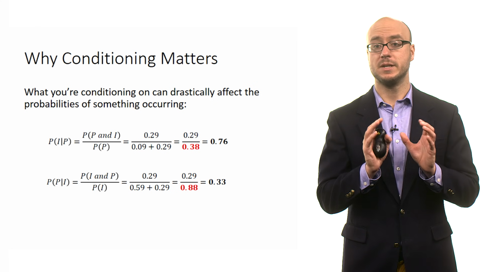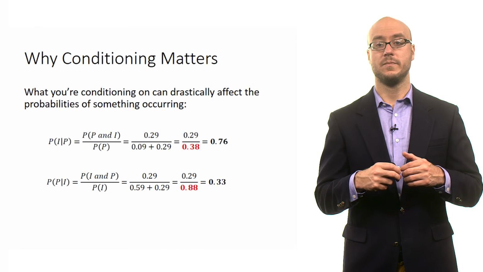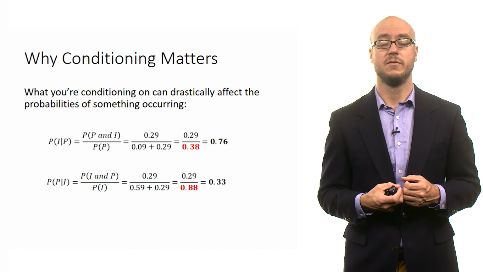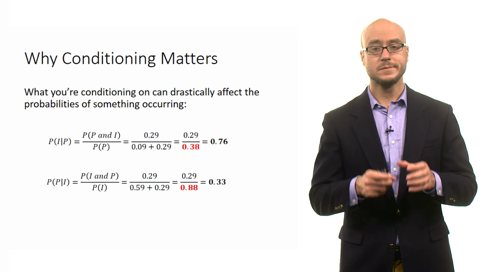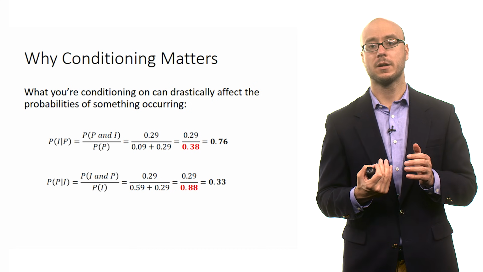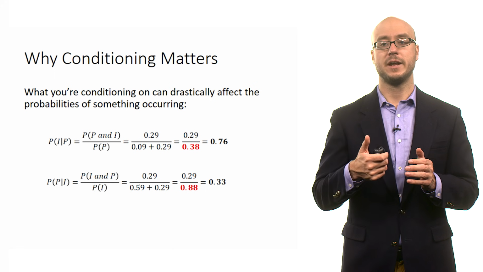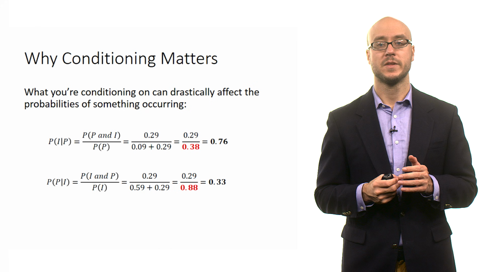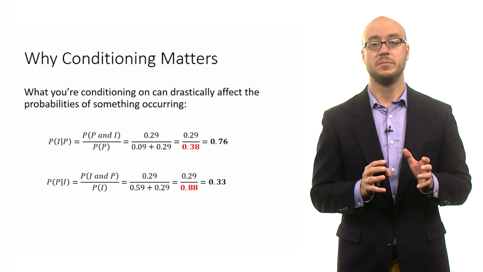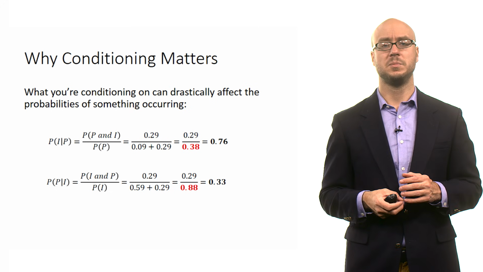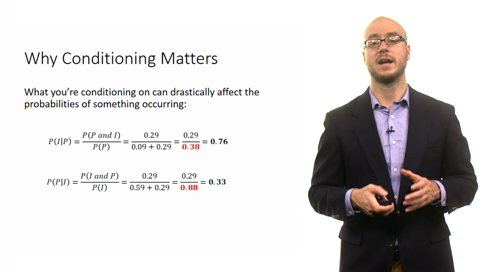That's high, but it's not as large as the probability of I, which is 0.88, or 88% of the people in our data set. So the joint probability is the same, but what we're conditioning on affects that denominator. And the larger that denominator, the smaller the conditional probability gets. So the probability of having health insurance given you're poor is 0.76, and the probability of being poor given you have health insurance is 0.33.